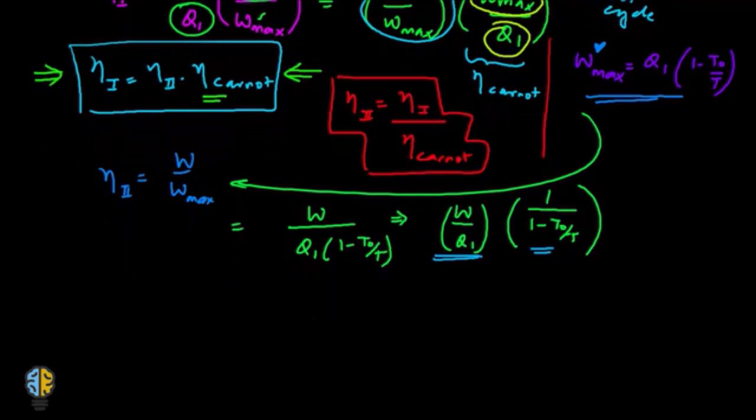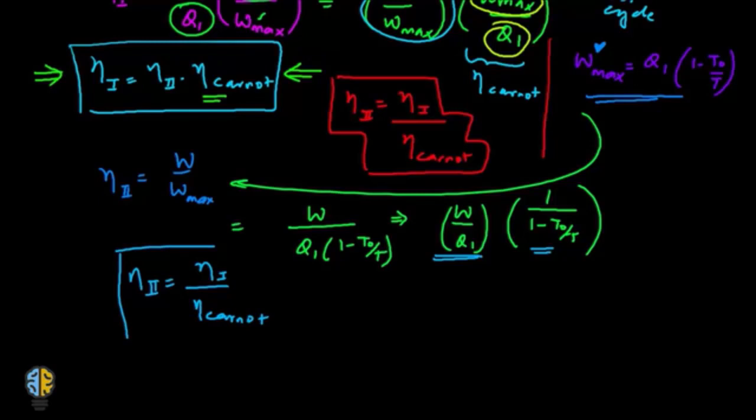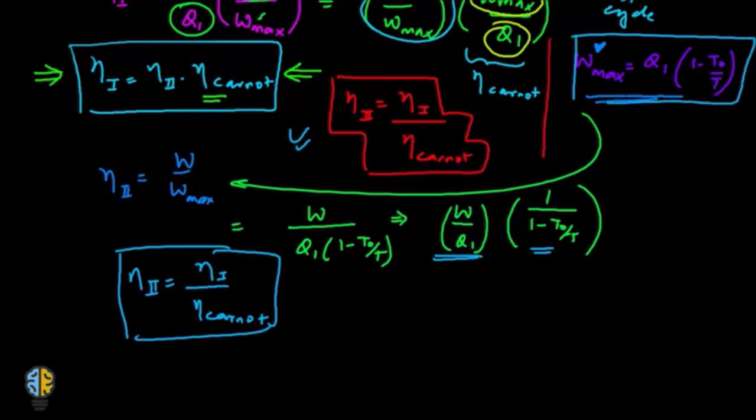So eta 2 is equal to eta 1 upon eta Carnot. This expression can also be derived if you remember this formula and substitute it in this particular formula.